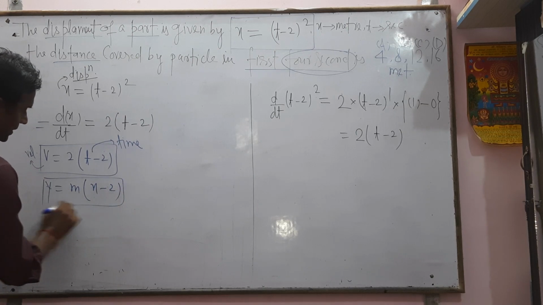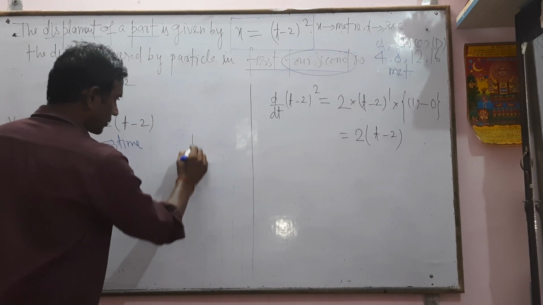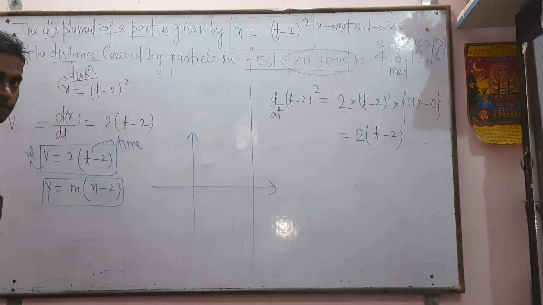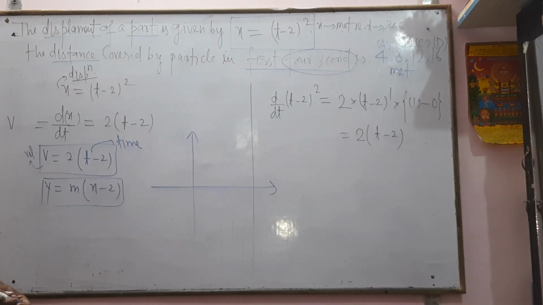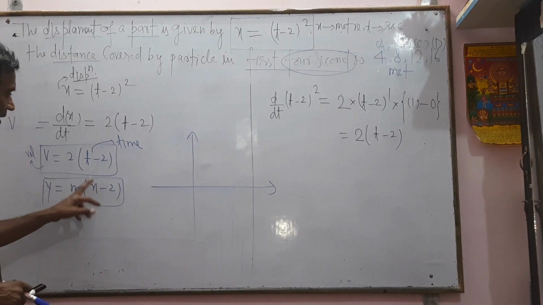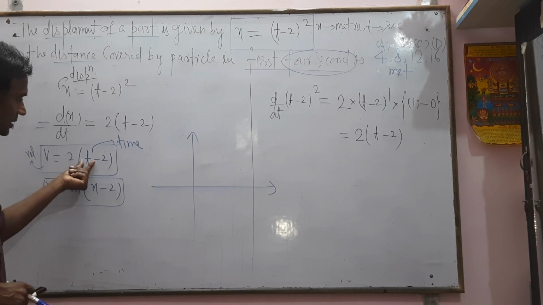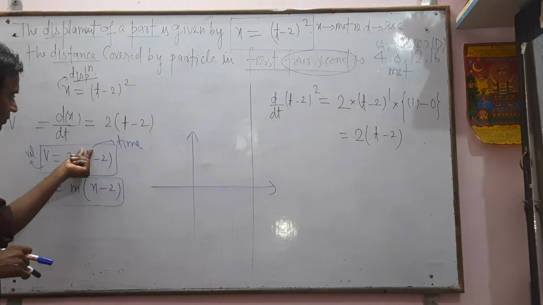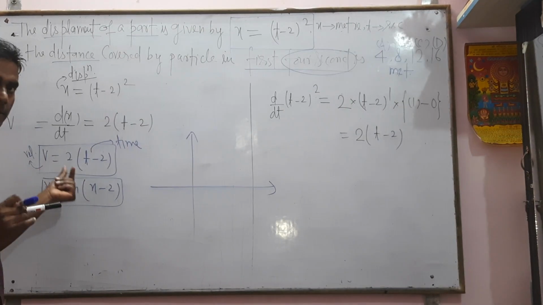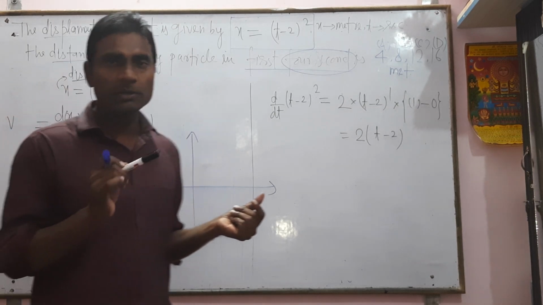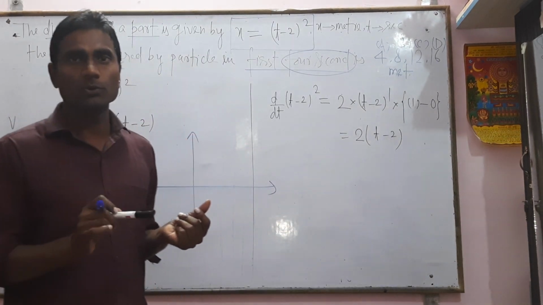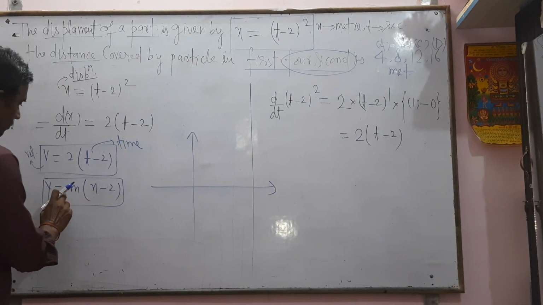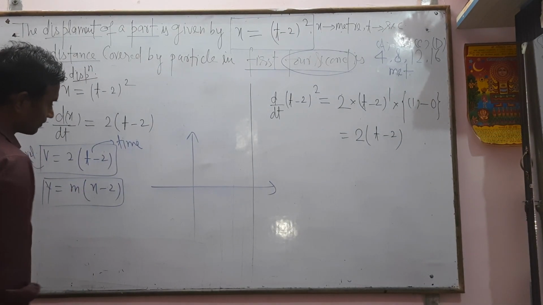This type of equation is linear, because the independent variable t and the dependent variable v are both raised to 1. We can say this equation is of the type ax plus by plus c equals 0, where a, b, c are constants and x and y are variables.